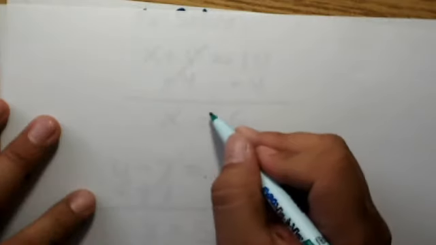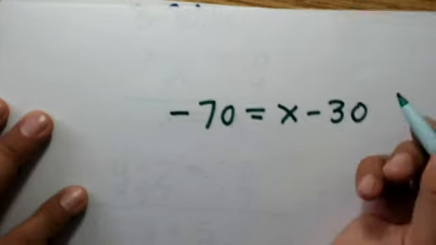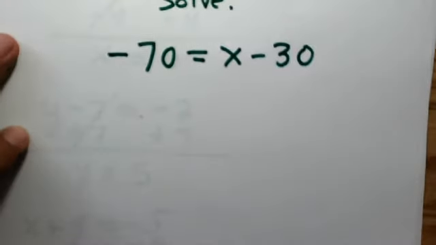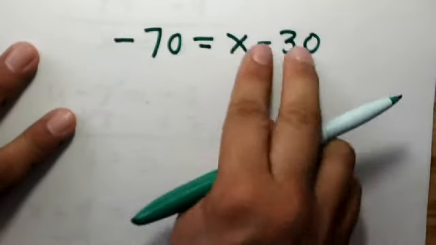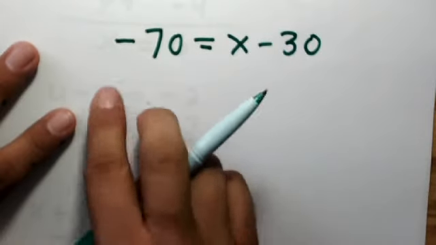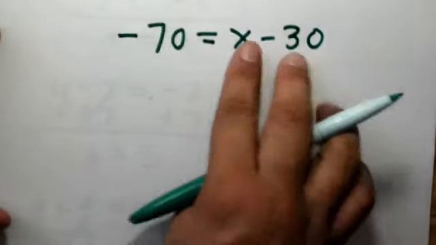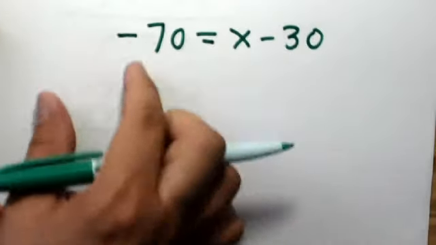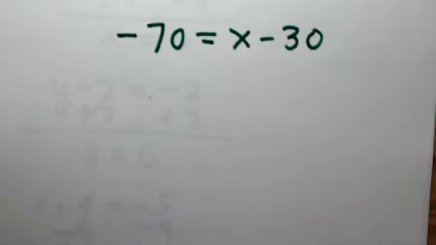If you look at the next one, we have negative 70 equals x minus 30. And we're asked again to solve algebraically. Now, what some people do is they like rearranging it. I don't know if that's a good idea, but let me show you what the rearranging is. A lot of people like the x to be on the left side, so they simply copy everything the same. The only thing is that they switch the sides. I don't know if that's a good idea.